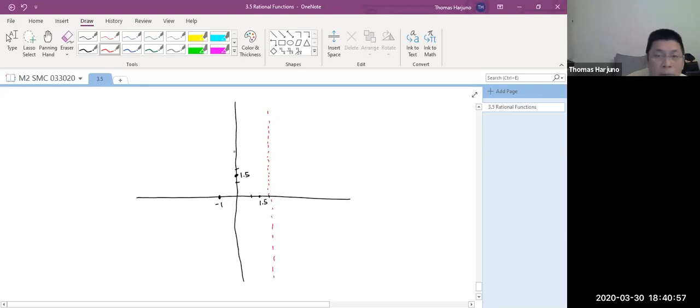I don't have a horizontal asymptote, but I have a slant asymptote y equals 2x plus 3. So the graph for the slant asymptote is this. The slope is 2, but the y-intercept is 0, 3. So approximately like this.